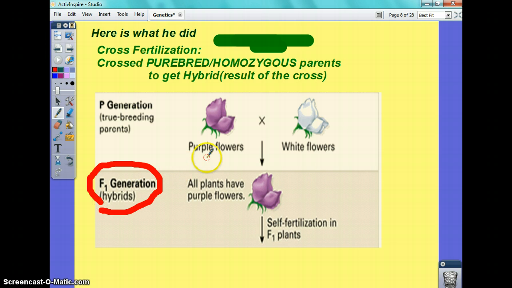So basically he took a purple flower, which is homozygous, so that means the allele combination is capital P, capital P, with a homozygous white flower, which the combination would be little p, little p, and then his offspring, which we call the F1 generation or a hybrid, was all heterozygous for the trait, capital P, little p.